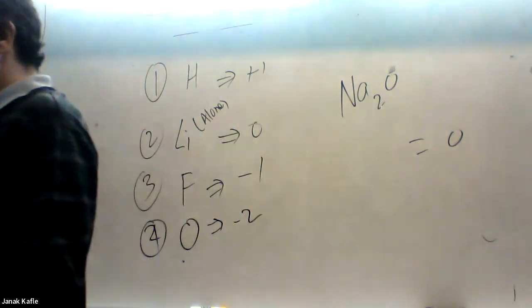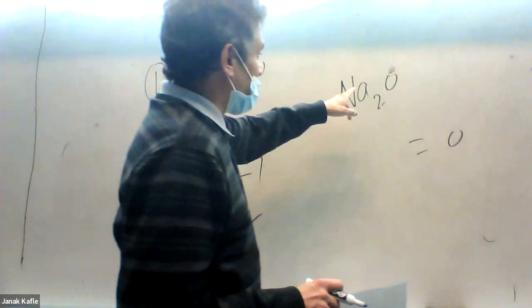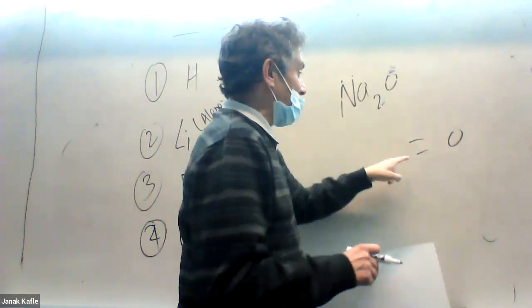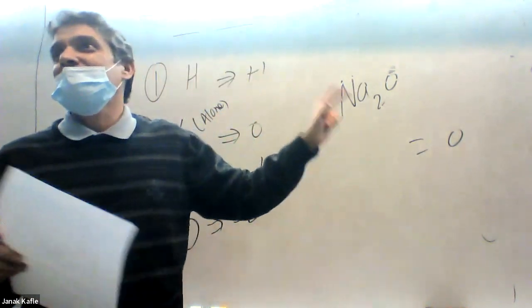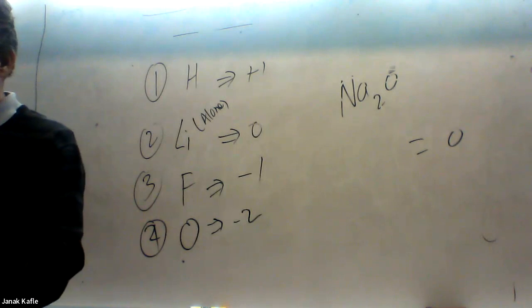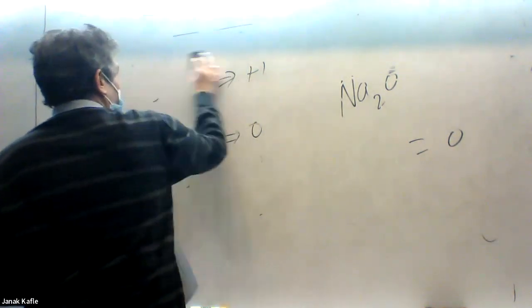Chlorine, bromine, iodine, group 7 elements, -1. If there is a hydrogen sitting with somebody else, hydrogen is counted as +1. And if you sum all the oxidation numbers of the elements here, that should be equal to 0. So we will use these rules and calculate the oxidation number of some elements.